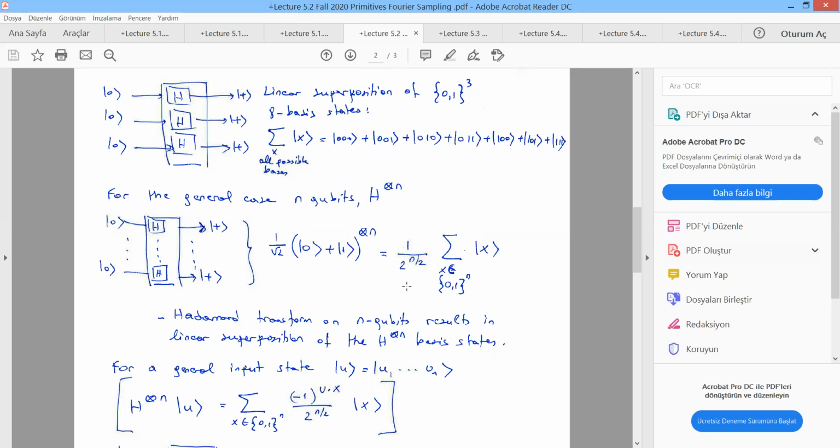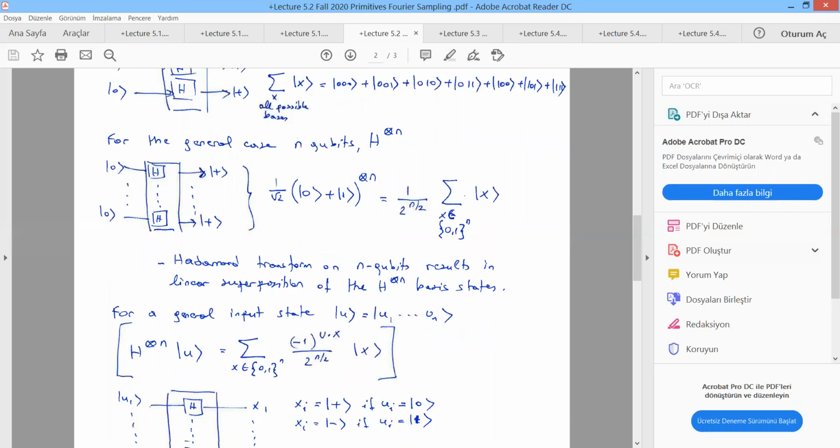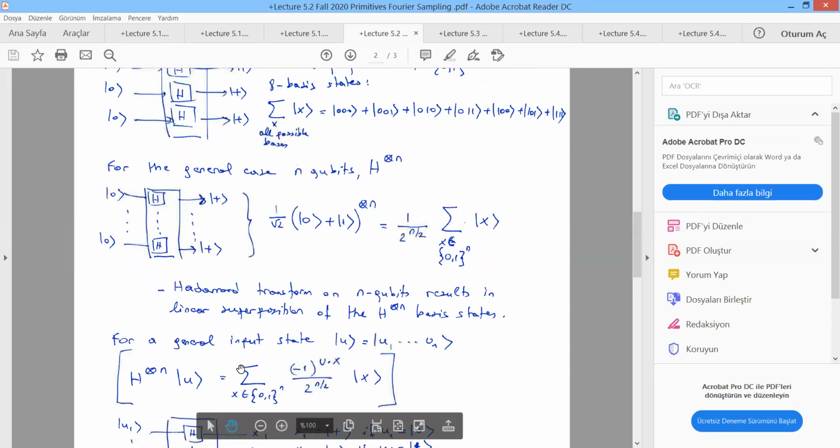And in general, a Hadamard transform on an n-qubit system results in the superposition of the basis states. But for a general input, one can easily verify that this is the transformation we have.